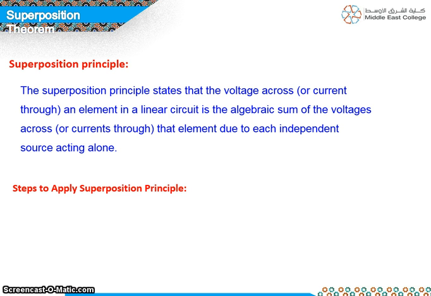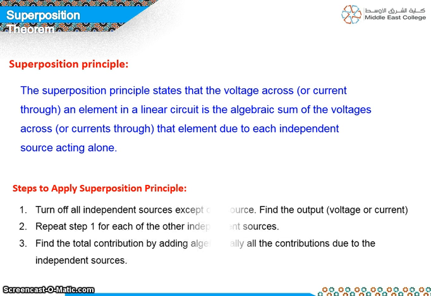So let us see the steps to apply the theorem. First, turn off all the independent sources except one source and find the output. The output means either the voltage or the current. Repeat this step for each of the other independent sources.